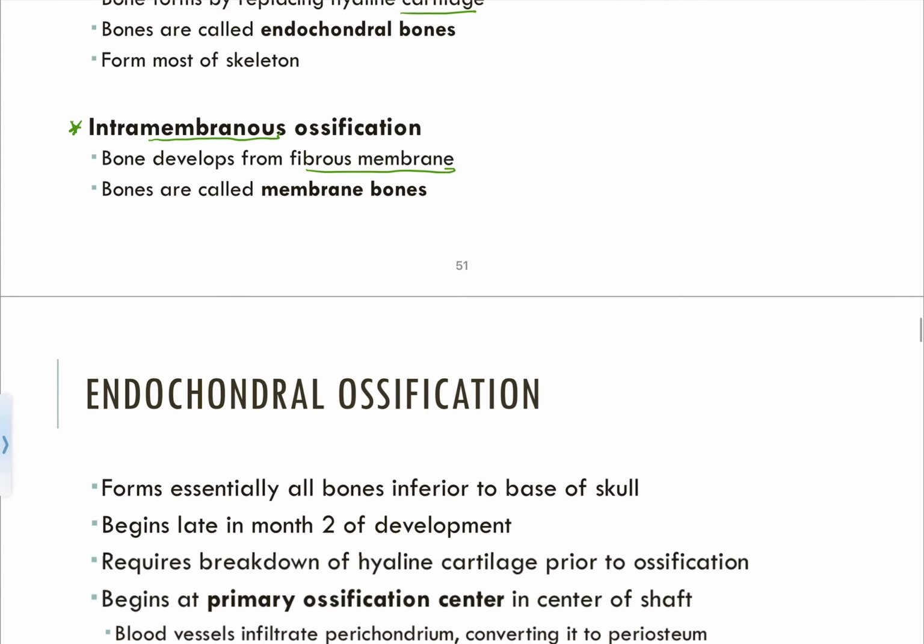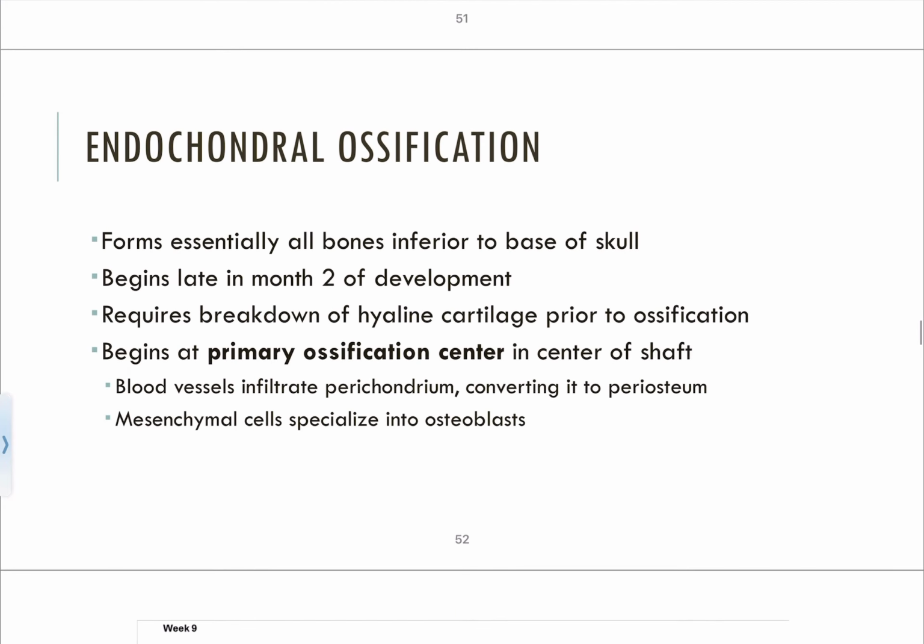So let's start with endochondral ossification. Like I mentioned, this begins around month 2 of development. And in order to build the bone, we have to break down the cartilage that was there to begin with. And I told you previously that the bulk of the skeletal cartilage of a fetus is hyaline cartilage. And how do we begin growing this bone?